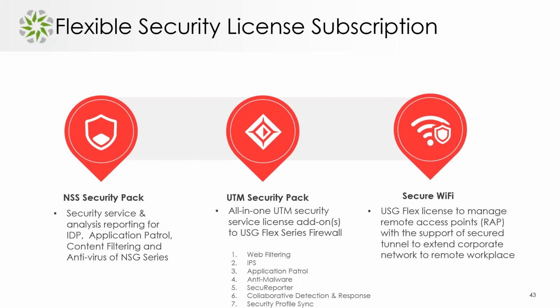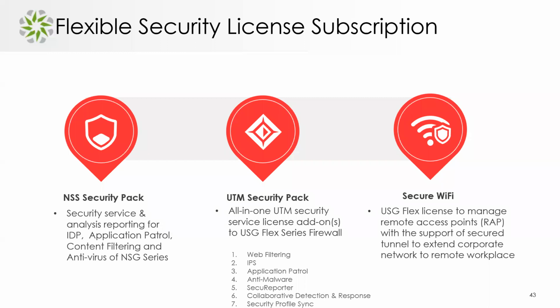So if you're using one of our older NSG gateways, we sell the NSS security pack. If you're using a USG Flex series product, we sell the UTM security pack. And then if you are using the ATP, it's the gold license. So each version of our security gateways has their own individual licensing for them, because they each have different sets of features that they make available for you.